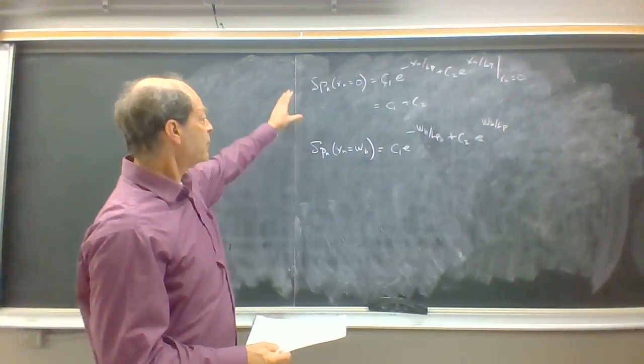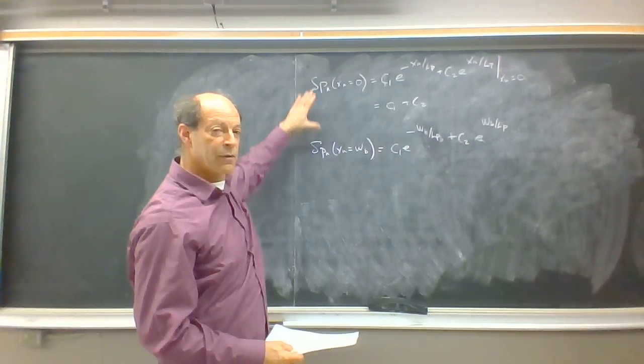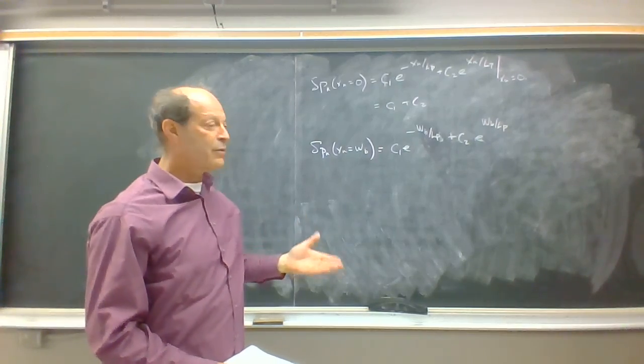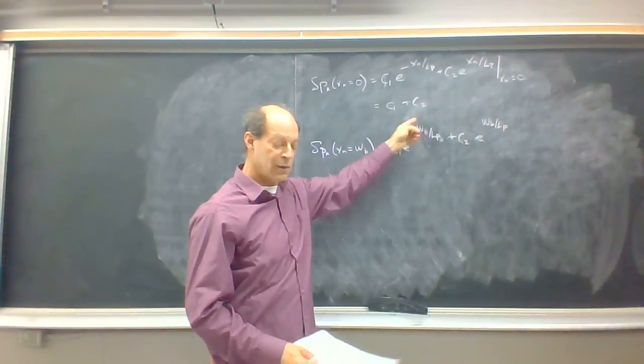So we have two equations. We have this equation and we have this equation. And we can solve those two equations for the two unknowns we have, namely C1 and C2.